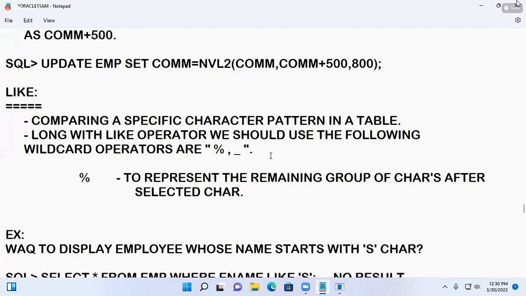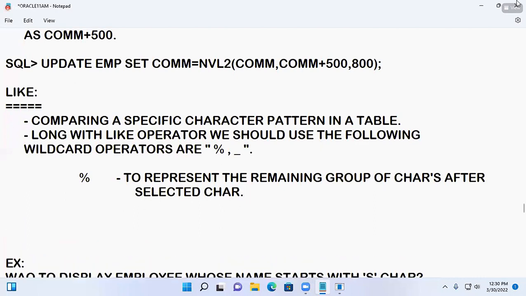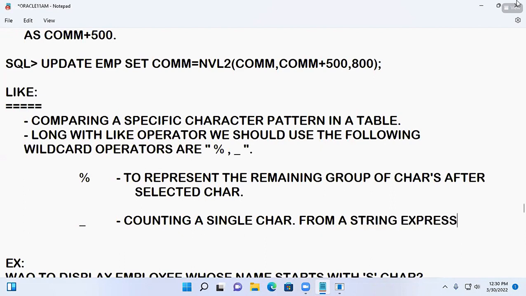Shortcut I'm writing, okay? That is percentile. Underscore: what it will do means it was counting a single character from a string expression.